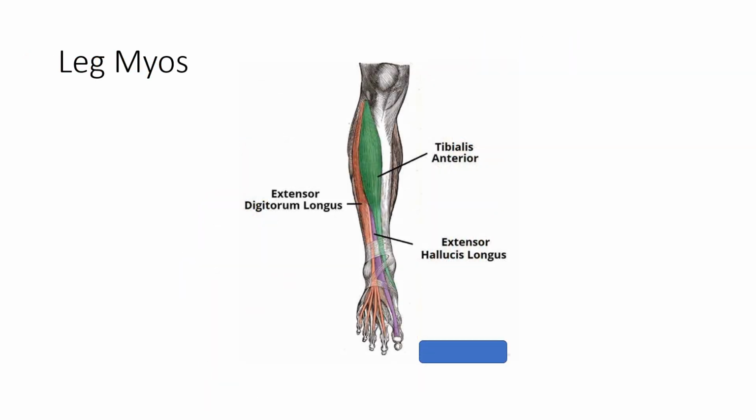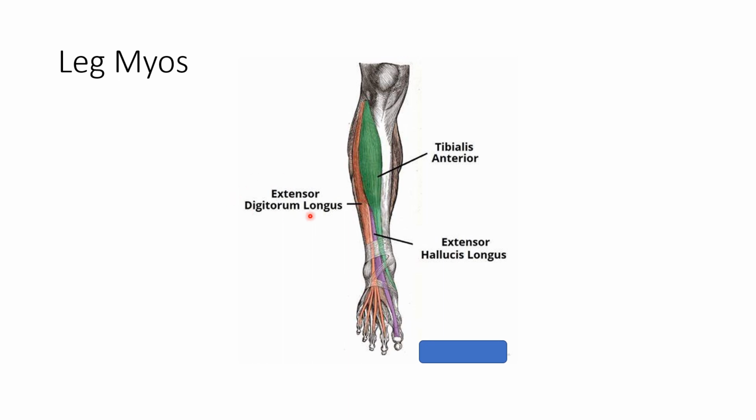So we have 3 muscles primarily situated on the front of the leg to look at. The one that is often most prevalent in the lower leg is the most superficial one, the tibialis anterior, and that's involved in flexion. It brings the toes up towards the chin, if you will.